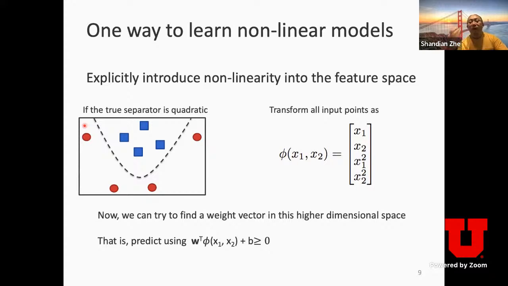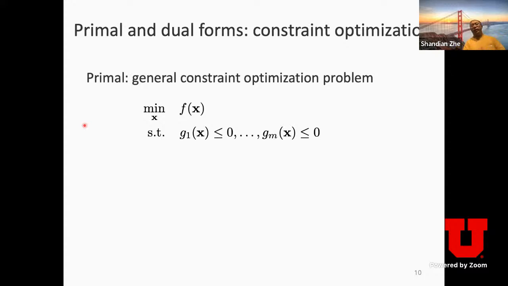Later we're going to talk about how we fulfill this idea in the SVM framework. But before that, we need to introduce a little bit of fundamental knowledge about optimization, which is called primal form and dual form for constrained optimization. Let us consider a primal problem. The primal problem is usually described as a general constrained optimization problem.